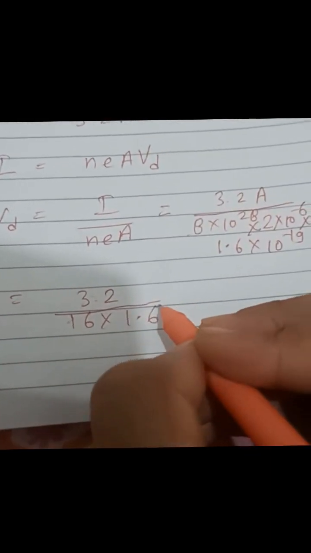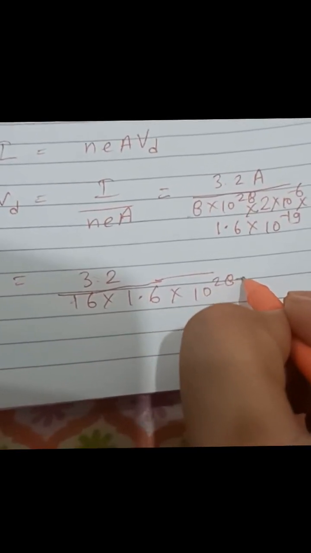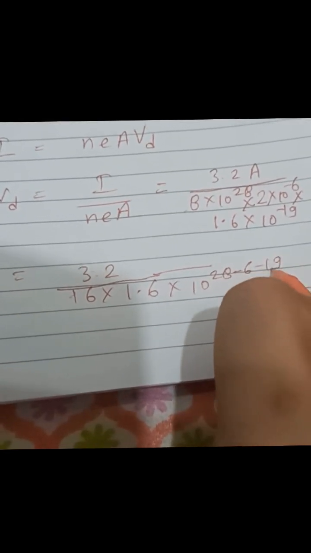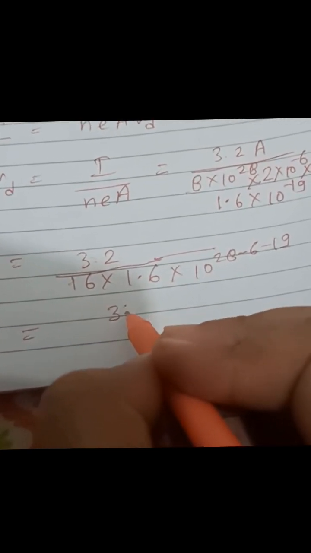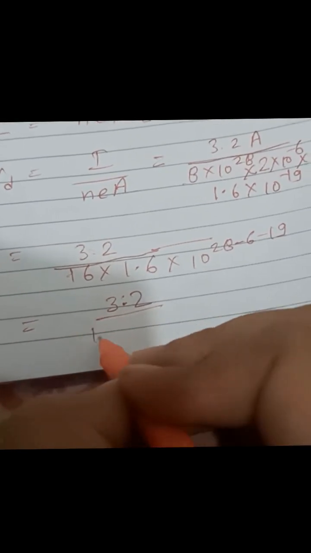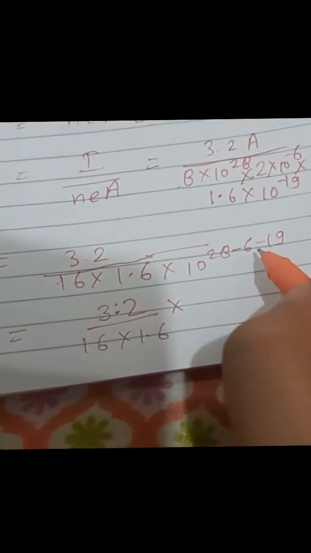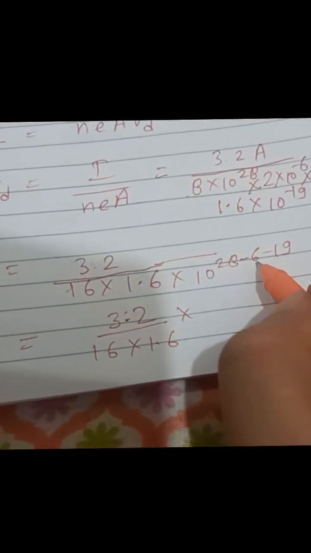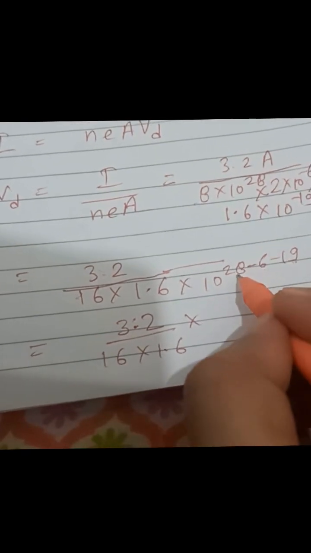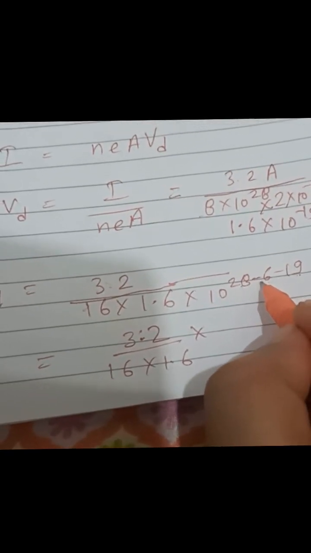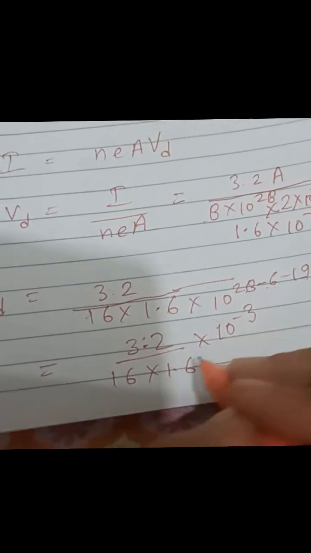Now solve the powers: 10 to the power 28 minus 6 minus 19, that is 10 to the power 28 minus 25, which is 10 to the power 3, and this will be 10 to the power minus 3.